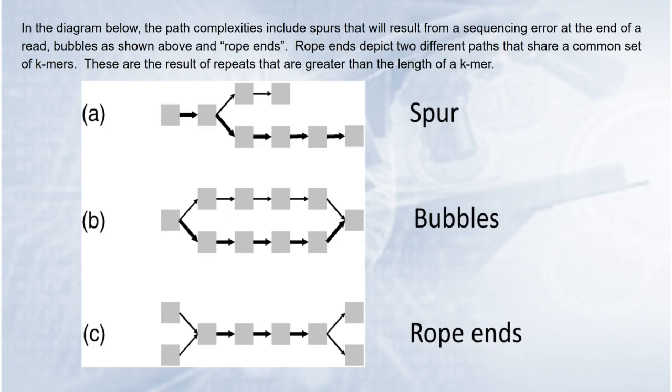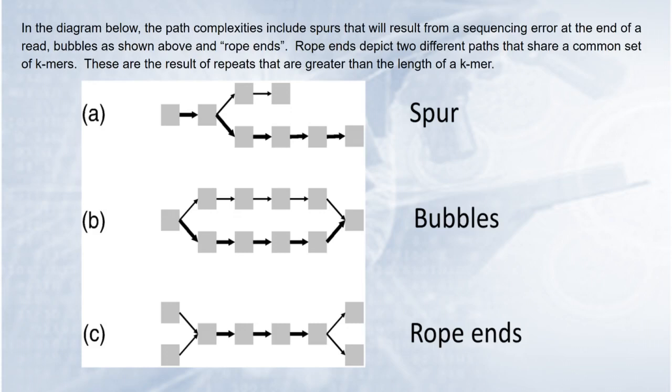If a spur can get resolved, then you would have a bubble. There are two alternatives through that path that have to be resolved because a contig will only have one sequence in it. And so algorithmically, you have to resolve this.